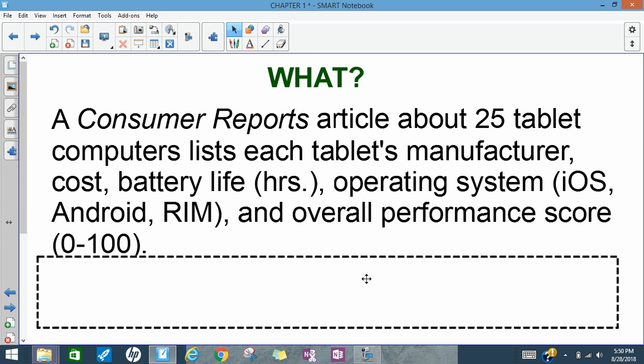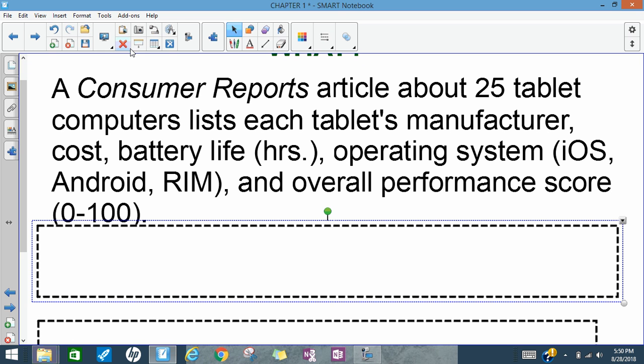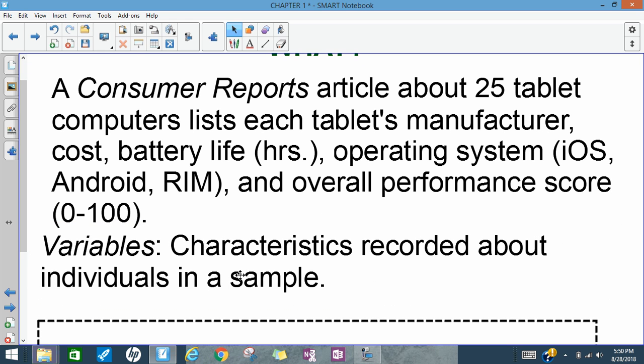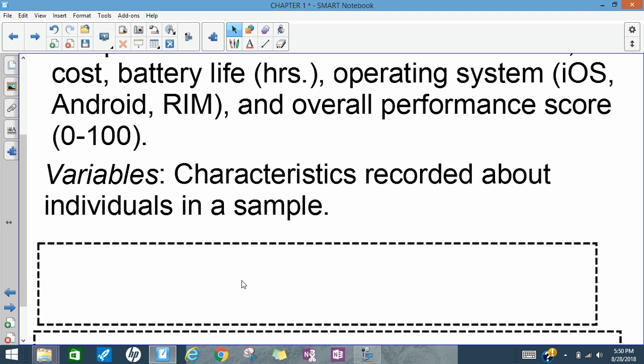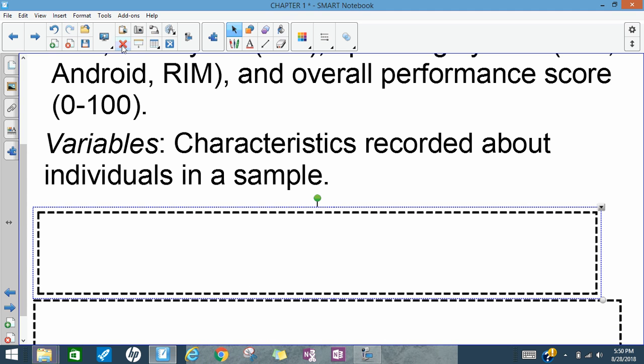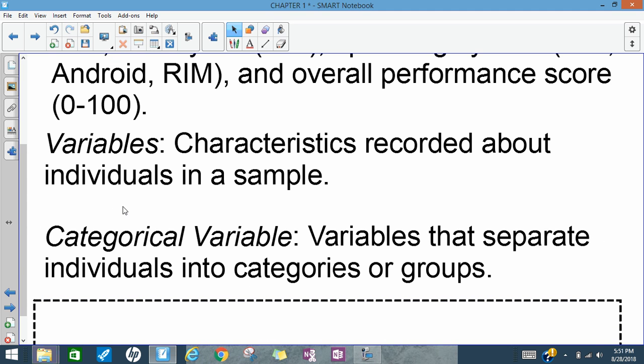We want to know what it is we're measuring, and the things that we measure are called variables. These are just different characteristics that we're recording. And there are two specific types of variables that we'll talk about a lot this year. The first is categorical variable, and its name sort of identifies what it is doing.